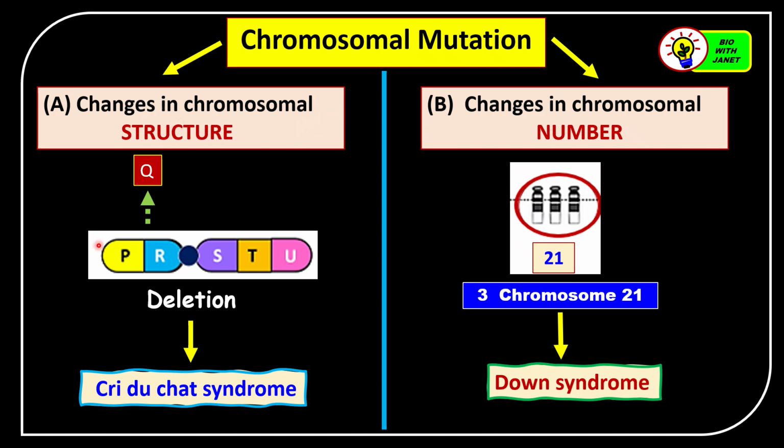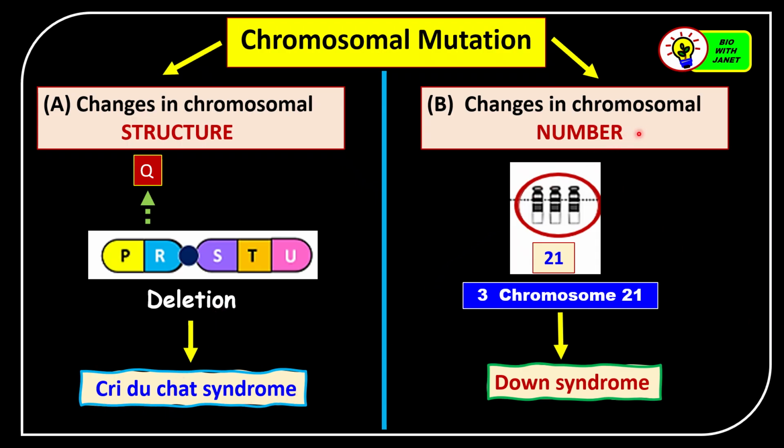As an example of changes in chromosomal structure, a chromosome here may have the segments P, Q, R, S, T, U, but maybe the segment called Q breaks off and is removed forever. Then the two ends join back together. So now the chromosome becomes shorter. This is an example of deletion, which is a type of chromosomal mutation, and it can give rise to diseases like Cri-du-Chat syndrome.